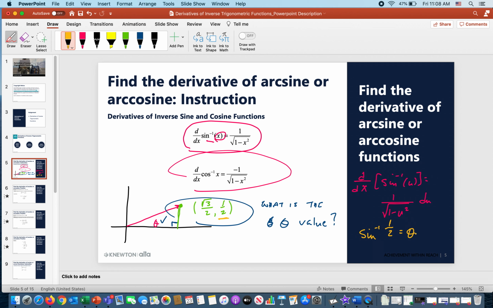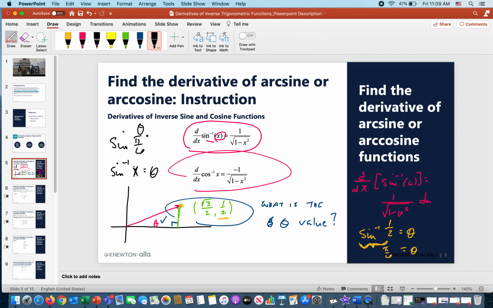So the angle that goes through this point is the result of taking the inverse sine. So my answers here are going to be angle values, and the value of this angle would be pi over 6. So the point is, we take the sine of angle values, and the inverse sine of x or y or u or whatever value results in an angle value.